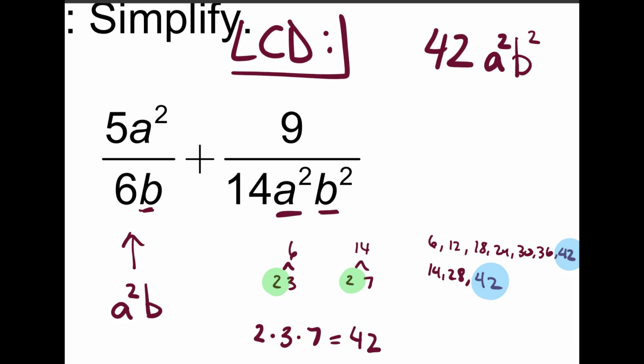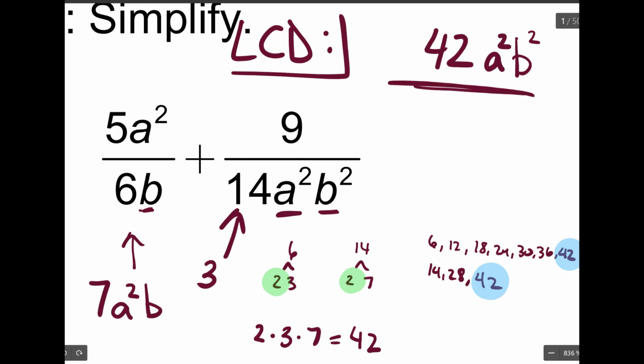So what do I need to multiply? What do I need to multiply 6 by to get to 42? Okay, so I have to multiply this guy by 7. What do I have to multiply 14 by to get to 42? Okay. So I found what I have to multiply the bottom by in order to get to this least common denominator.